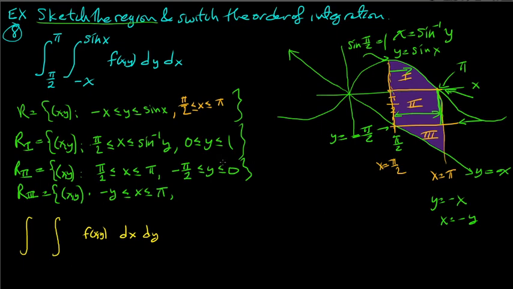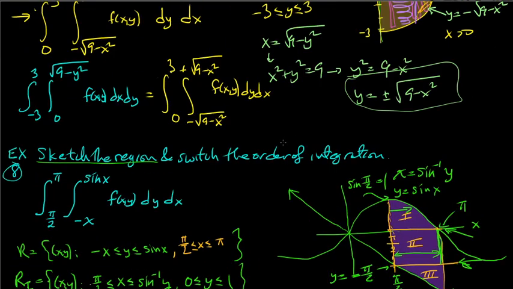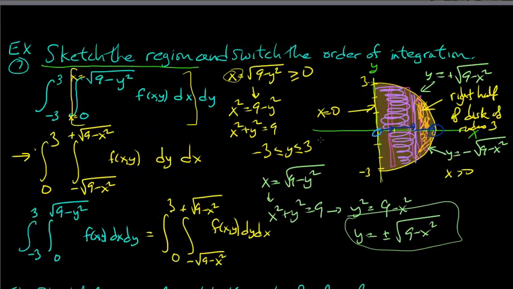And y is going from here to here, so the top one is going to be negative pi over 2. The bottom curve, if x equals pi, y is going to be negative pi. So those are your three regions. We didn't do that here, but I thought it was a little bit easier.